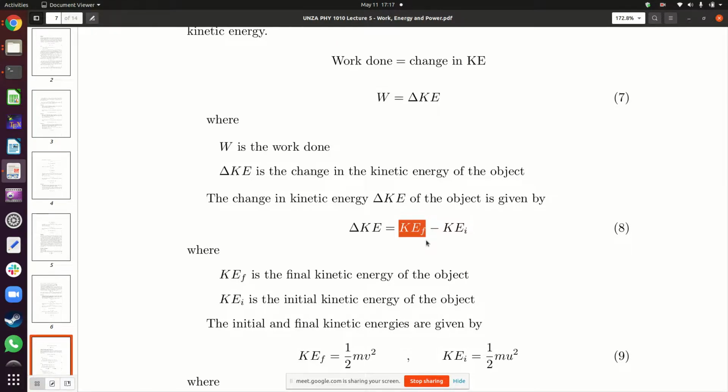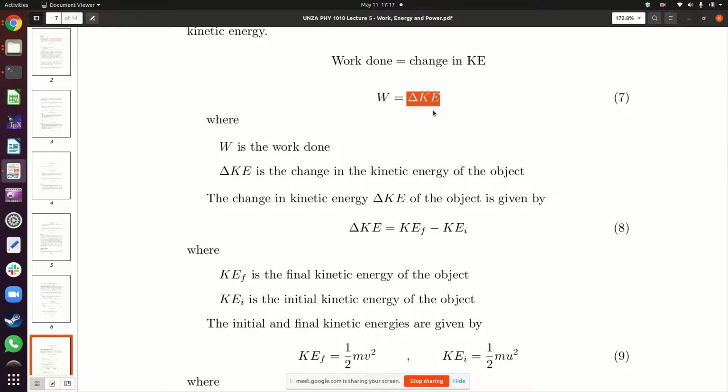So you always have to be aware of what the initial kinetic energy of the object was before work was done, and what the kinetic energy of the object was after work is done. Here we are saying the work done is equal to the change in kinetic energy. Change in any physical quantity means that the value of this quantity changed: there is a final value after a certain amount of time, and an initial value.